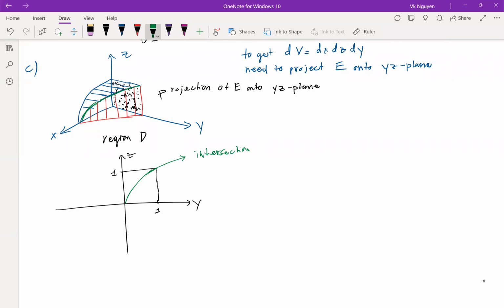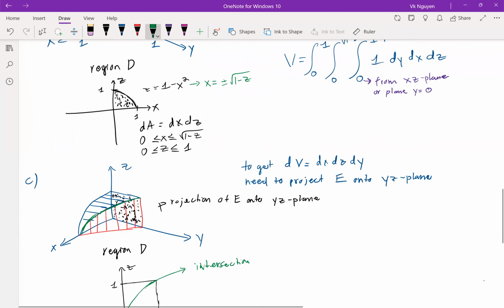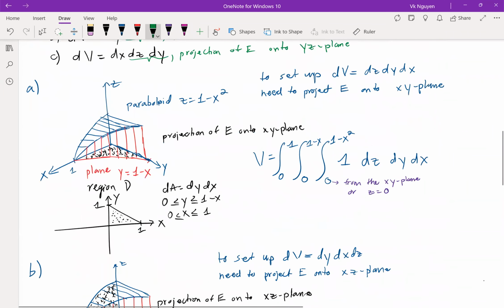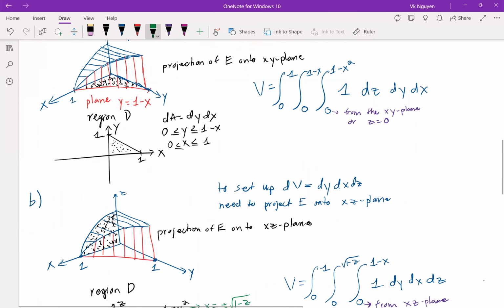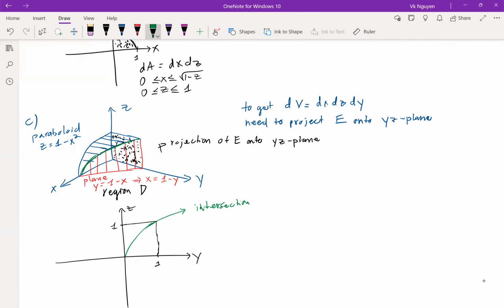Well, we can figure out the intersection because one of them is the paraboloid z equals 1 minus x squared, and the other one is y equals 1 minus x. I'm going to substitute, so z is 1 minus y squared.